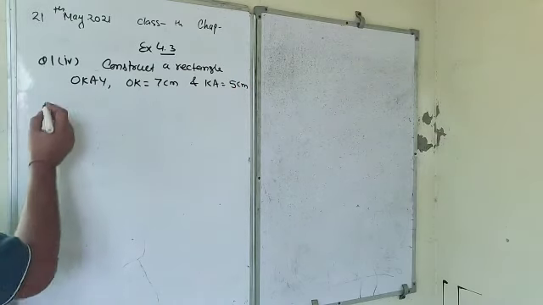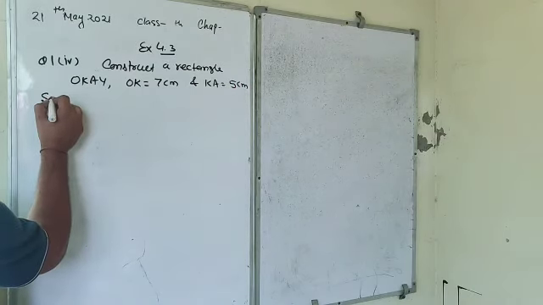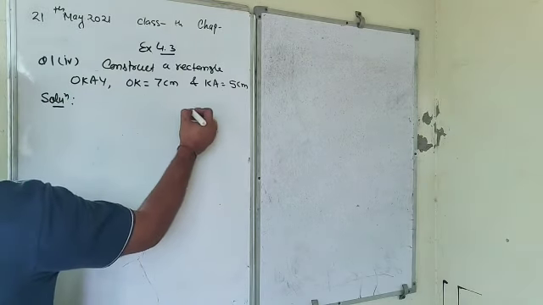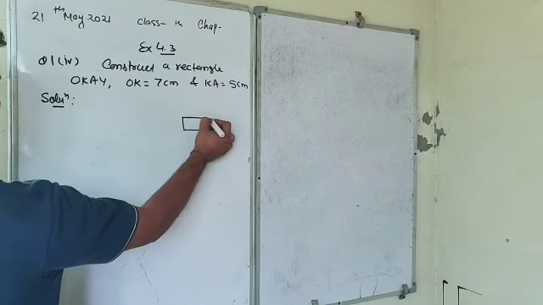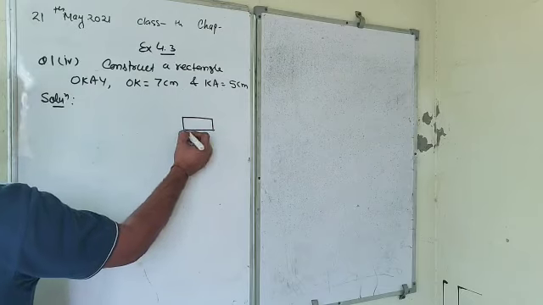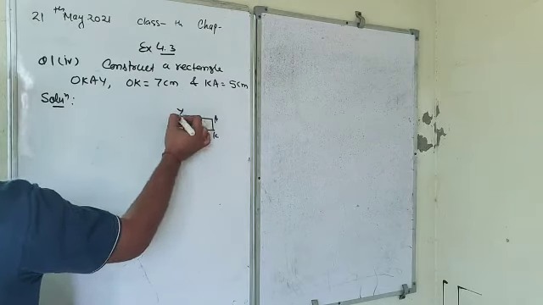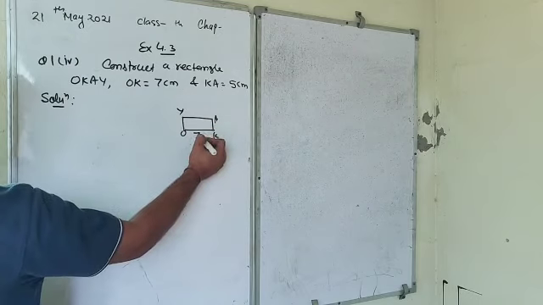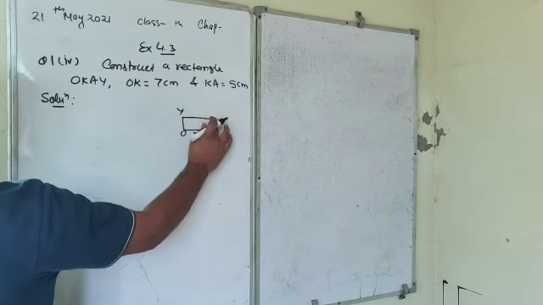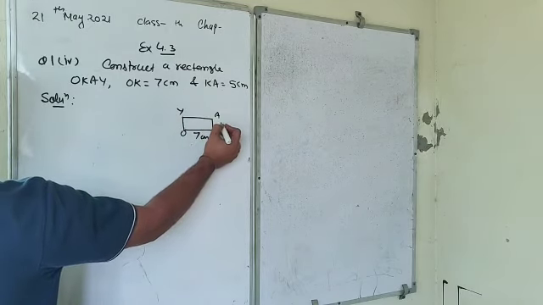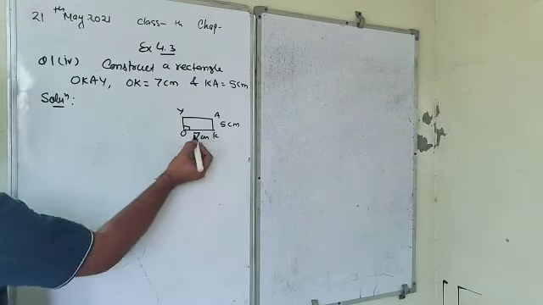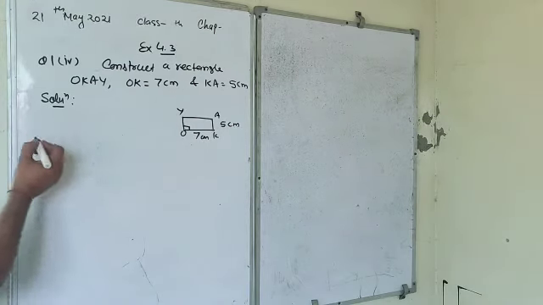So first of all, let us make a rough sketch of the rectangle OKAY. Now remember, OK is given to be 7 centimeter and AK is given to be 5 centimeter. And also one more point is, all the angles of the rectangle are 90 degree.